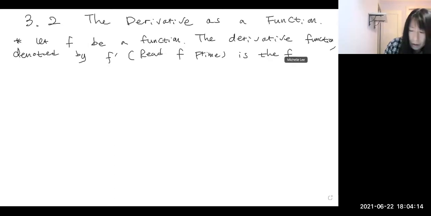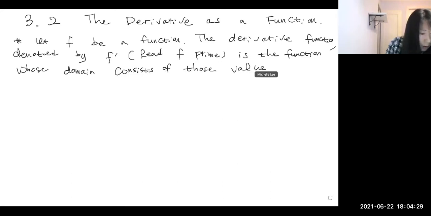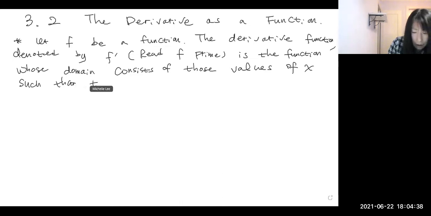Is the function whose domain consists of those values of x such that the following limit exists.